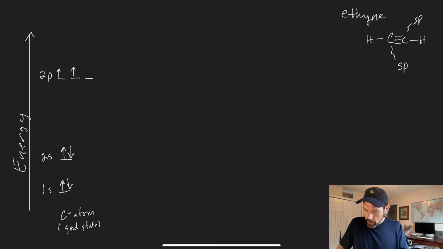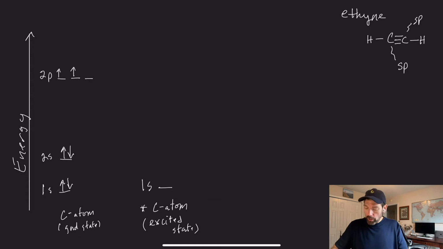All right, so let's go ahead and get our hybridized state for the carbon atom. We need the carbon atom to be in its excited state. So we've got 1s, and of course with the 1s nothing is changing. We know there's 2 electrons in that first orbital. Now, sp means 2 hybridized pieces have to occur.